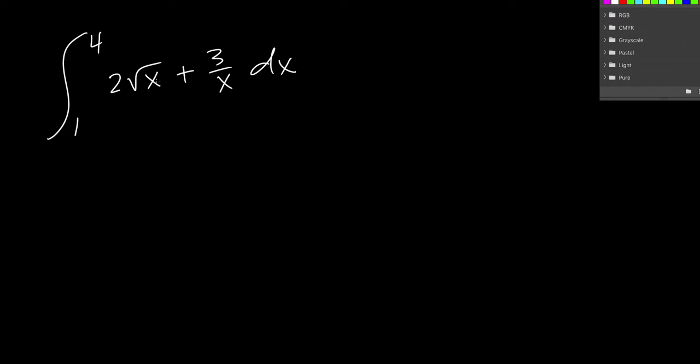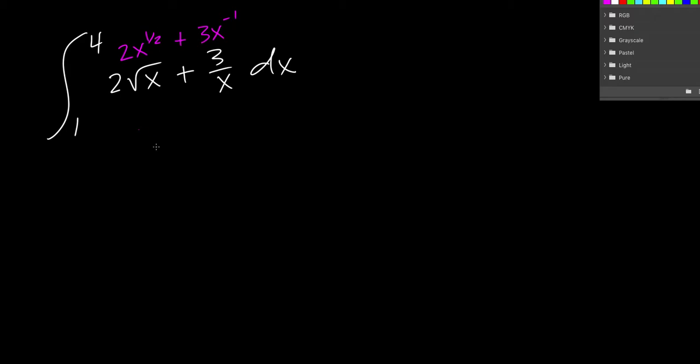Okay, moving on, we go from 1 to 4. We get 2 square root of x plus 3 over x dx. Okay. So I'm going to rewrite this as 2x to the 1/2 and 3x to the negative 1.